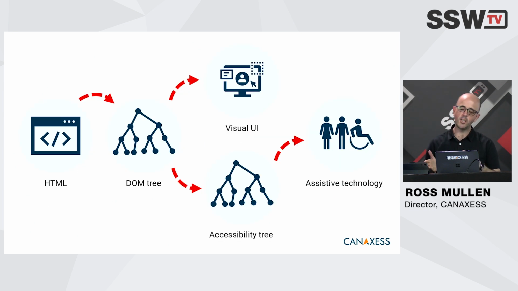But let's back up a little to explain a little more about how screen readers understand content on the web. Screen readers and other assistive technologies understand the web through reading the accessibility tree. This is a representation of the physical page.